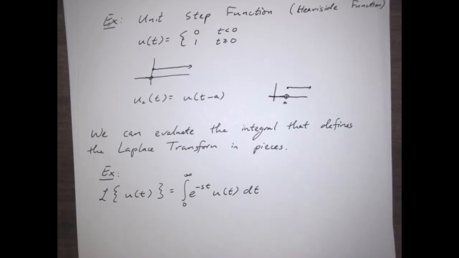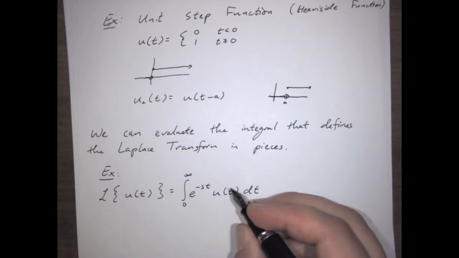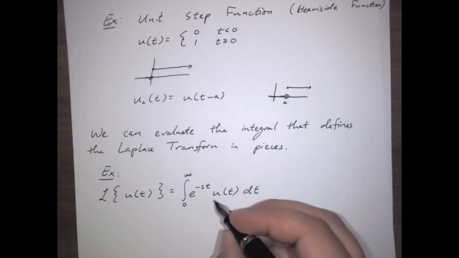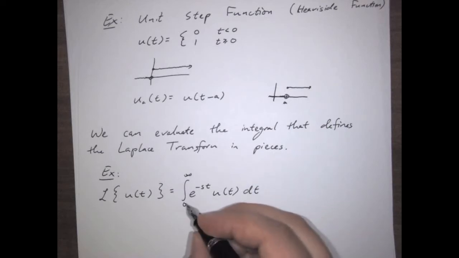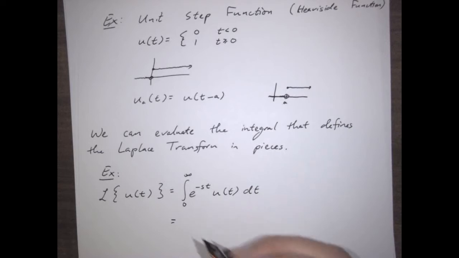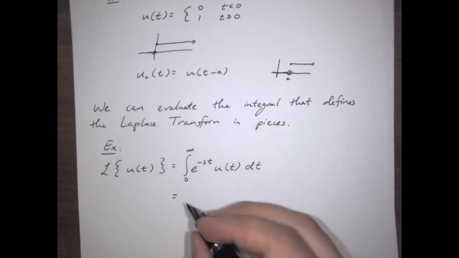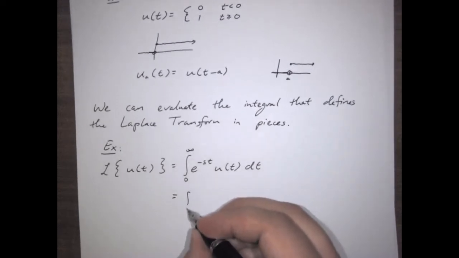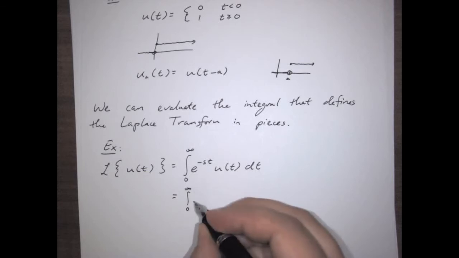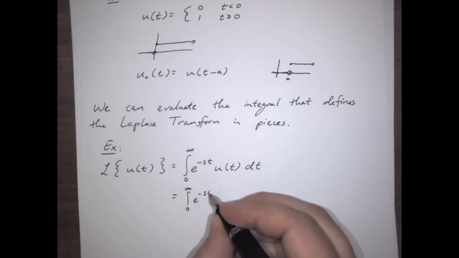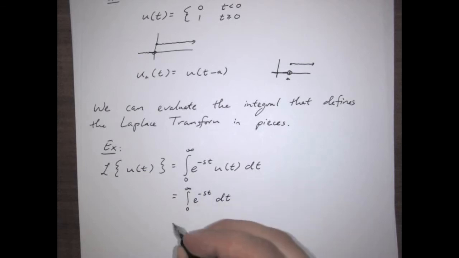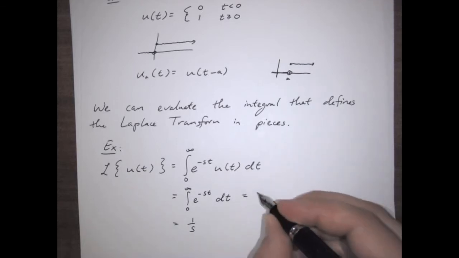But since the u only turns on at 0 anyway, and the integral only begins at 0, this actually is just the same as the integral from 0 to infinity of e to the negative st dt, which is just 1 over s. This is just the same as the Laplace transform of 1.